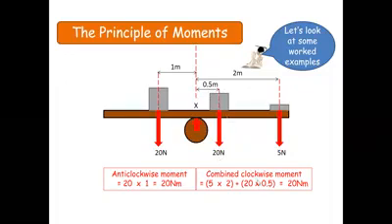When we do that calculation, this is going to be 10, and this is also 10. So 10 plus 10, we arrive at 20 newton meters. So you can see that the clockwise moment is equal to the anti-clockwise moment, to make it balance.